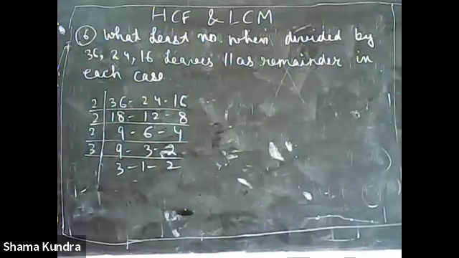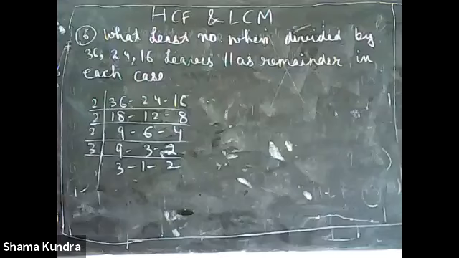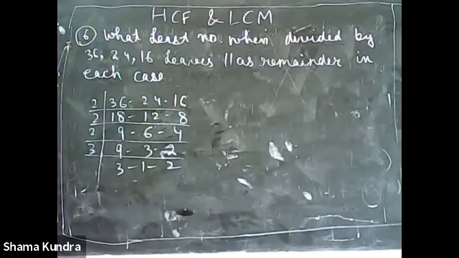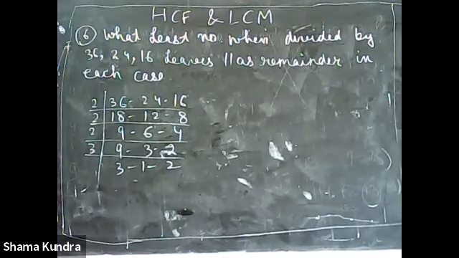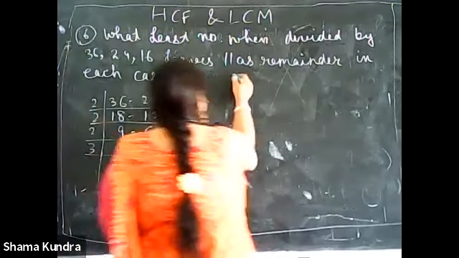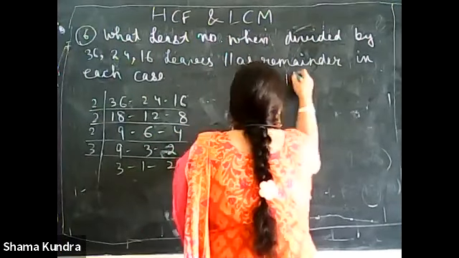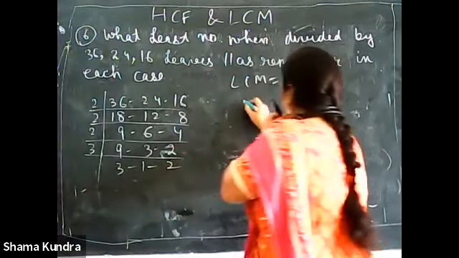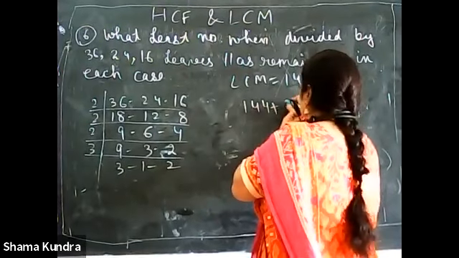Simply multiply all these. You will get the LCM of 36, 24 and 16 as 2 into 2 into 2 into 3 into 3 into 2. On multiplication, you will get the LCM as 144.